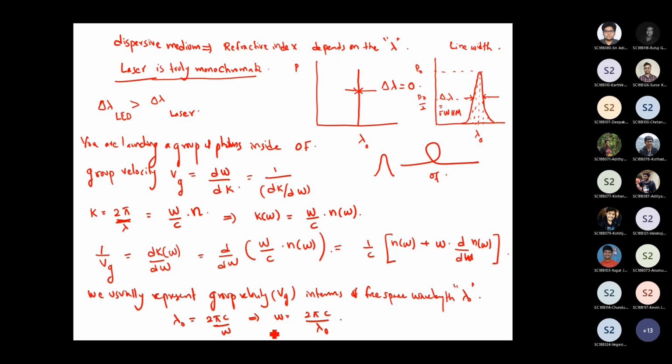In all these equations we are using the fundamental relationship that velocity is given by frequency into wavelength.